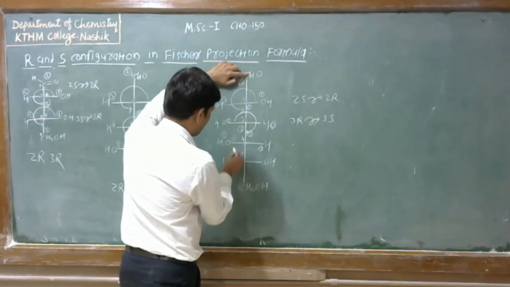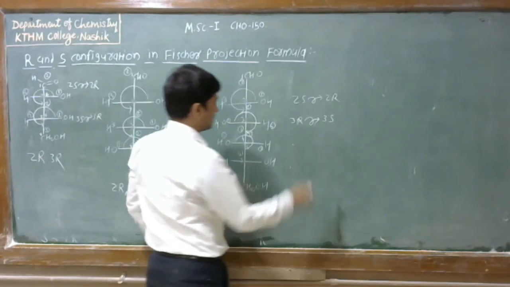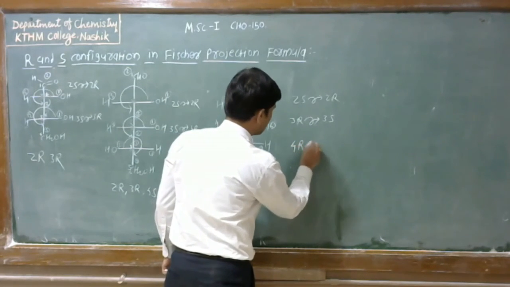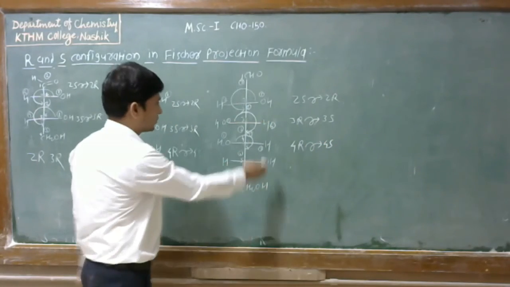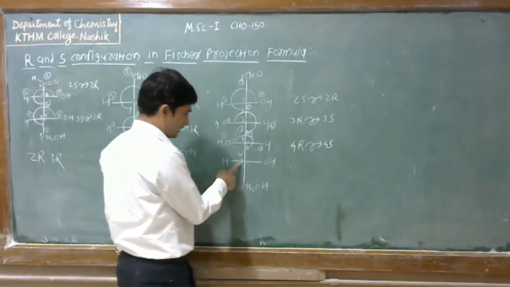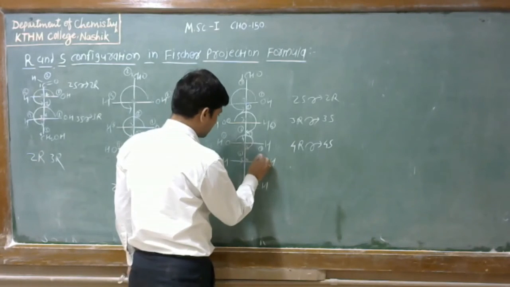So we move from 1 to 2 and 2 to 3. So this is R configuration. So we can write here this is 4R configuration, but 4R changes to 4S because the hydrogen group is on the horizontal line.